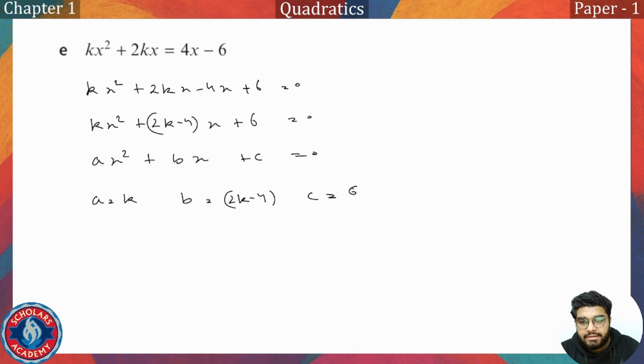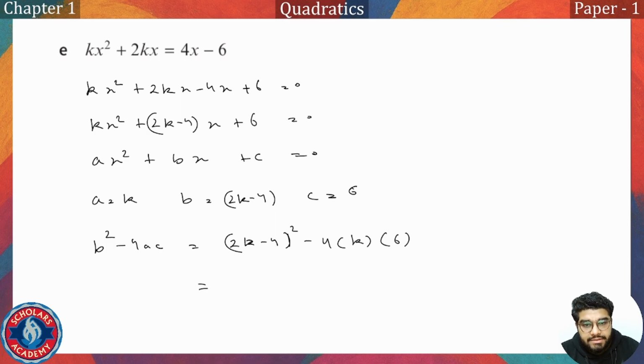So if I find the value of the discriminant b² − 4ac, what I get is (2k − 4)² − 4 times a, that is k, and c, that is 6.